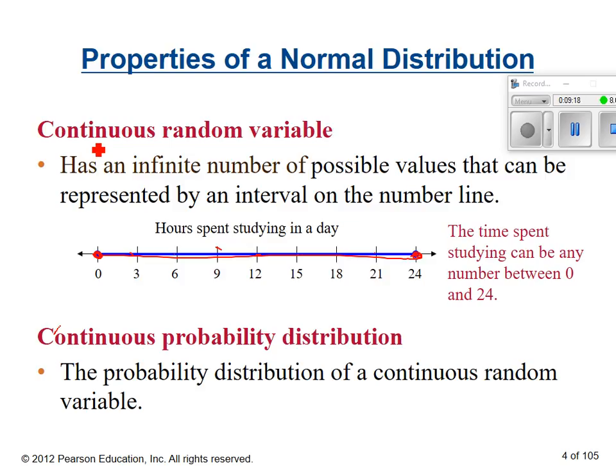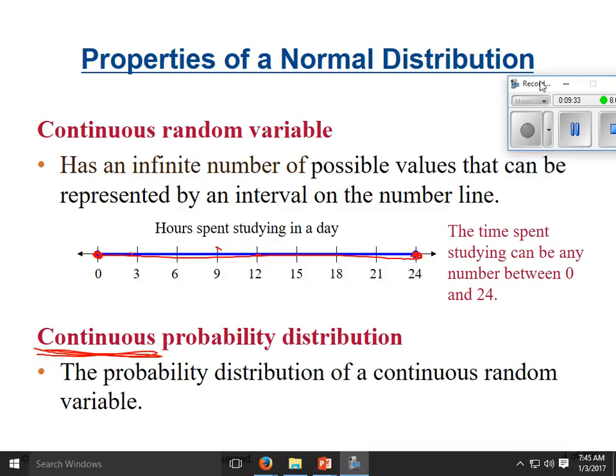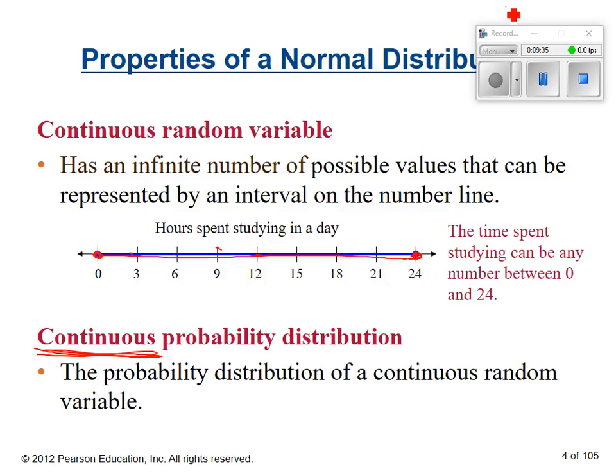A continuous probability distribution is the probability distribution of a continuous random variable. That's the same thing we've been doing, except now continuous instead of just discrete. So nothing really new here, it's just going from discrete to continuous.